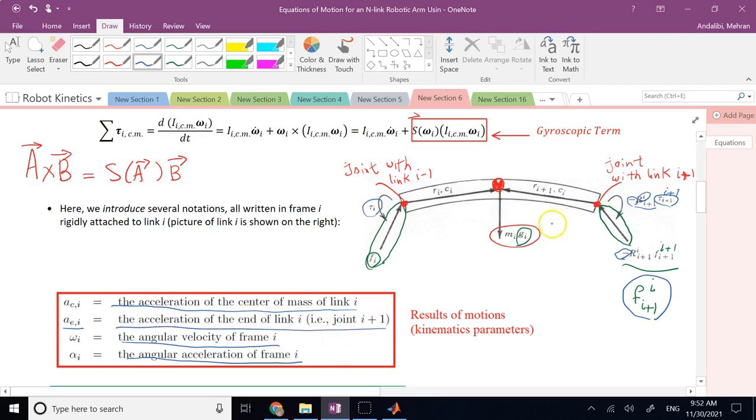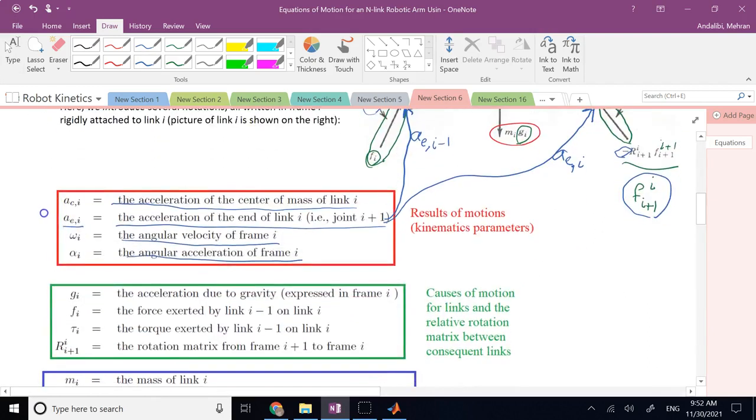So basically the acceleration of this point or this point, depending on what this I is. If it's I minus 1, it is going to be this. If it's I, it is going to be this one. So when I say A of E and I minus 1, that's this point. When I say A of E and I, that's the right point. It's one of the two ends. Good. So that's the notation.